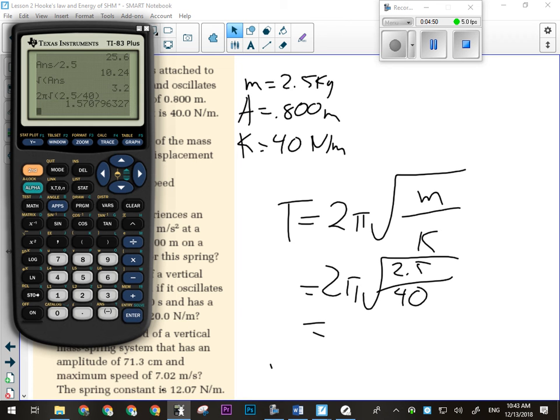All right, so we should have a period of 1.57 seconds for that one. Everybody all right with that? And so expect that you could very often get a question in this unit that would involve calculations from 3 different concepts, or 2 different concepts for sure.